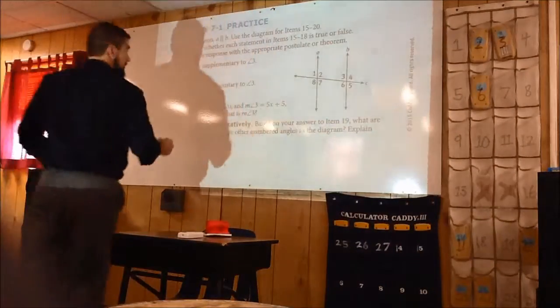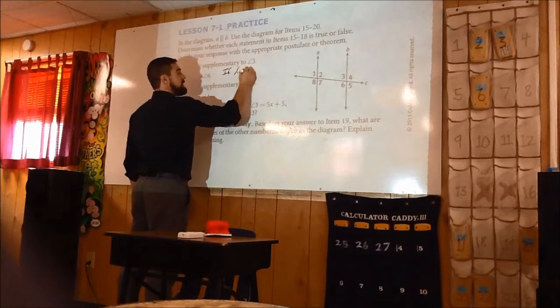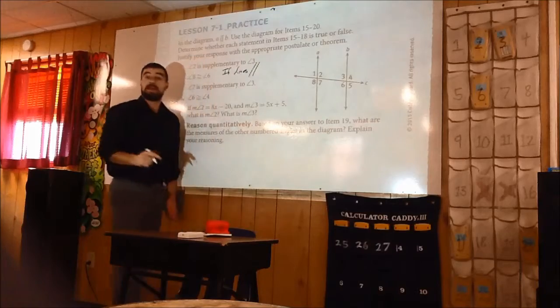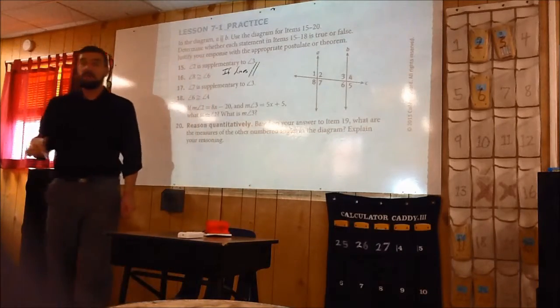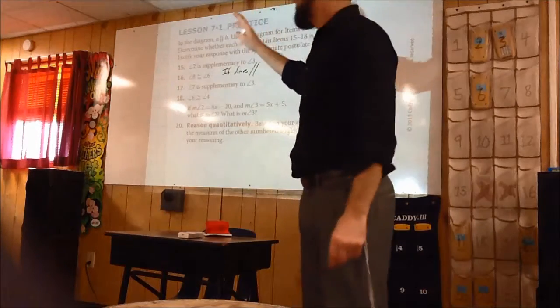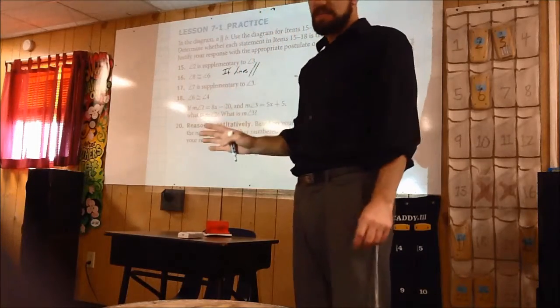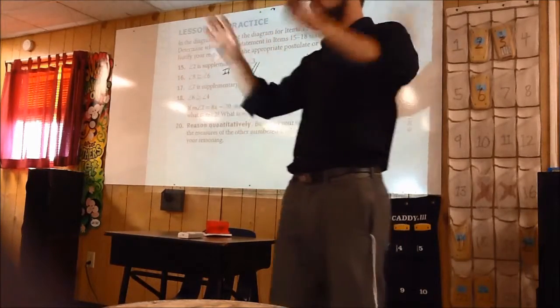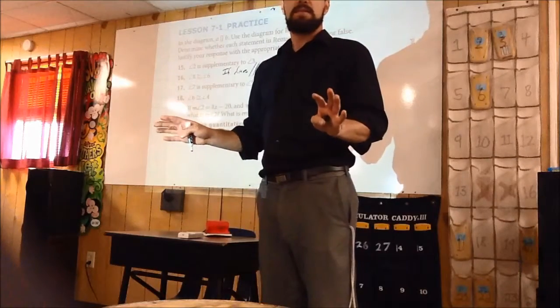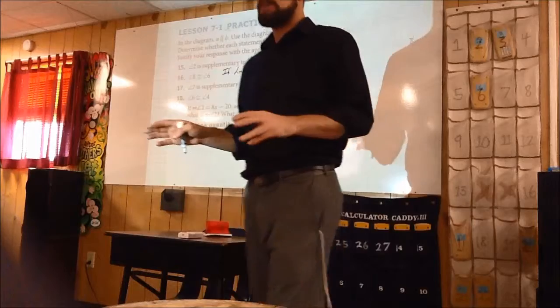So for number 15, you would write, if lines parallel. Now, when you're writing the theorem, you're very general about it. You don't say specifically if line A is parallel to line B. You're not using specifics. This is just, hey, if you've got parallel lines, then any and all same side interior angles are supplementary.